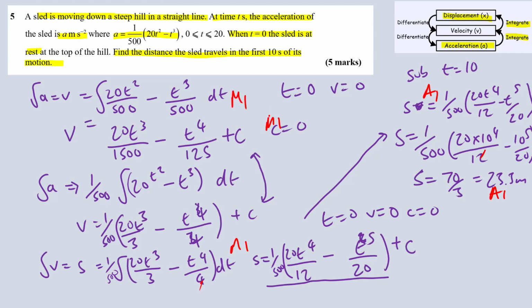So actually, if you get to this bit here and rewrite this without the C, that gives you your method mark, right? Or you can write it down like how I've done here without the C, and you get the mark as well. So that's an easy 5 marks.